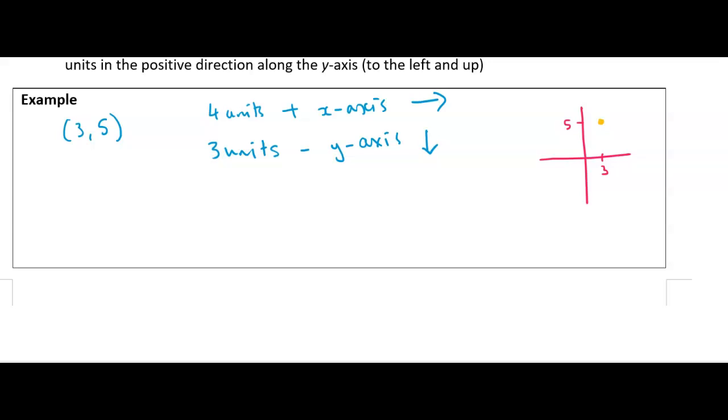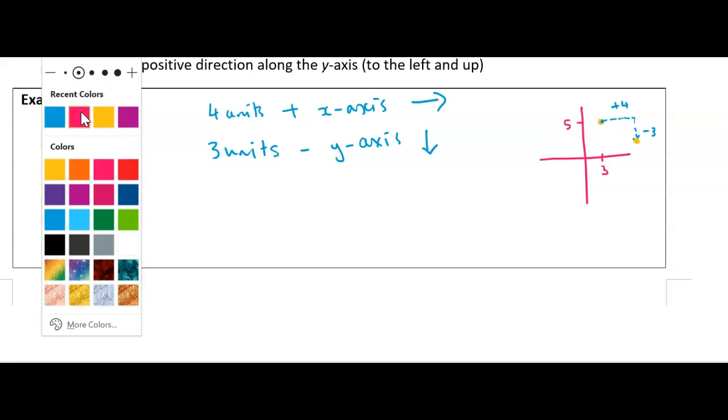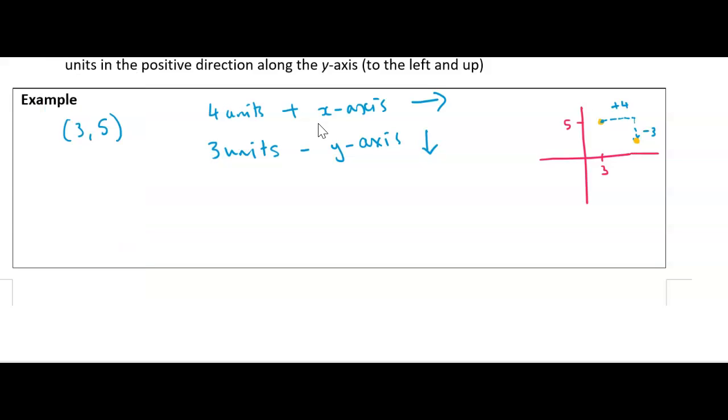So the point 3, 5, which you can see here in yellow, which I've just now put in blue, has gone to the right 4, and then it's gone down 3 to end up here. So for the coordinates, if we started at x equals 3 and went across 4, we're going to end up at 7.